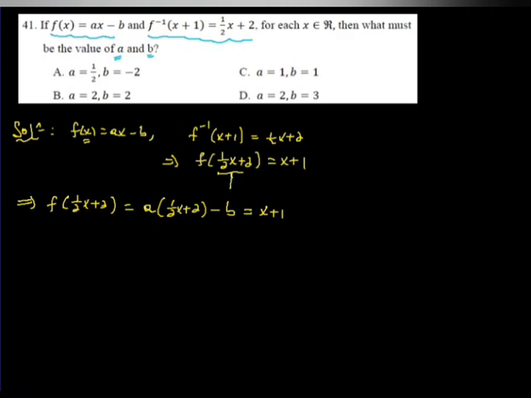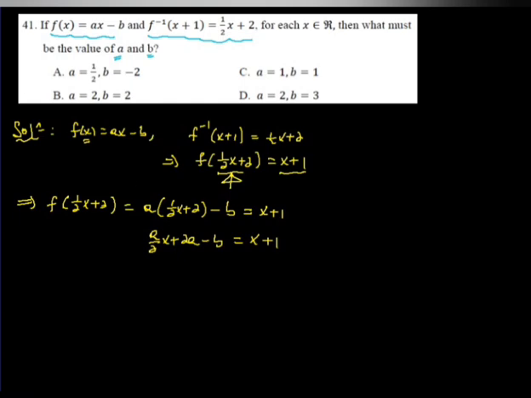We substitute half of x plus 2 in the function f, the result is x plus 1, which is given here. So this means (a over 2)x plus 2a minus b equals x plus 1.